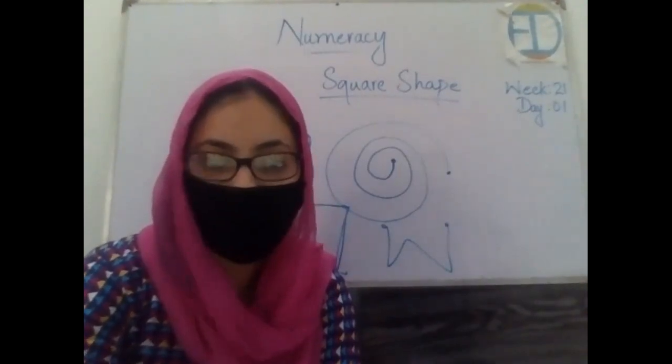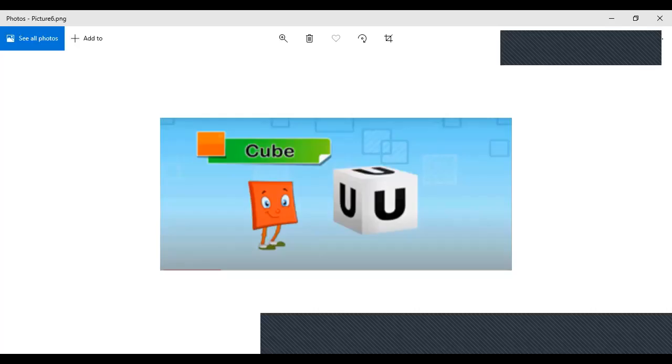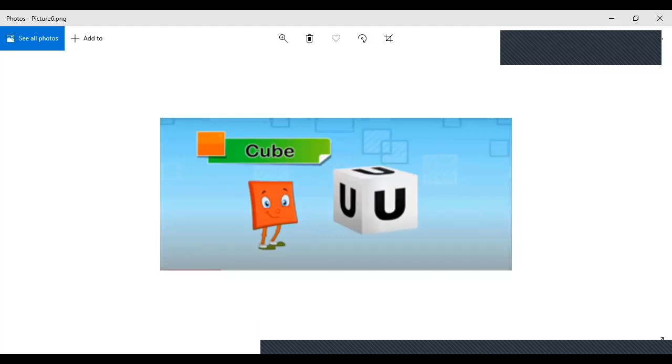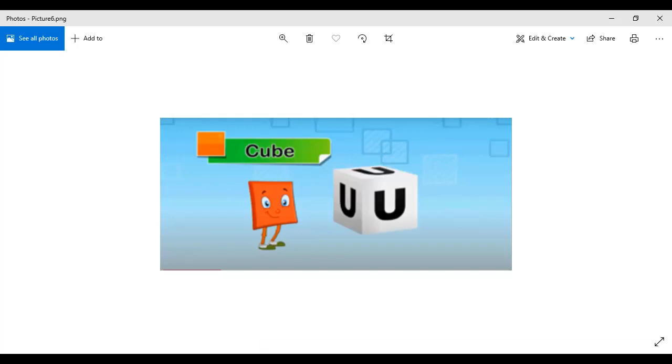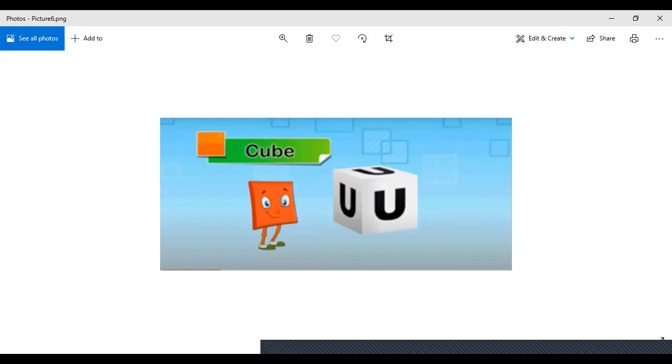So we will discuss them together. This first one, it's a cube. Well, a cube has a square shape. Now this cube can be an ice cube, it can be a playing cube, or the children have such playing boxes, through which you create things, right? So they are also of square shape. So this cube can be any cube. Got it?